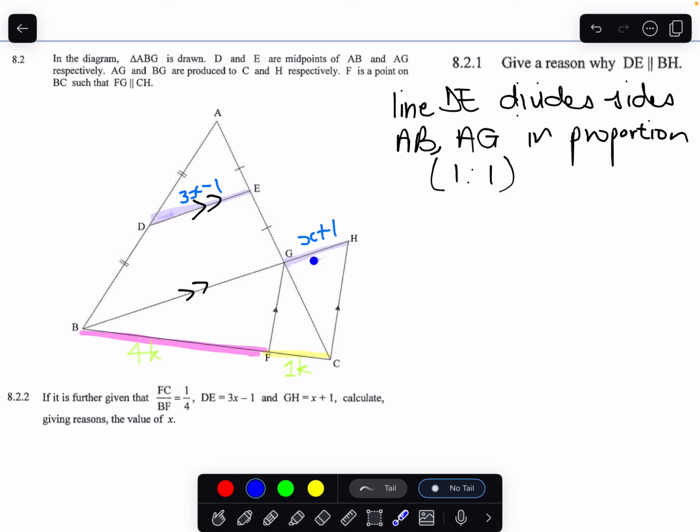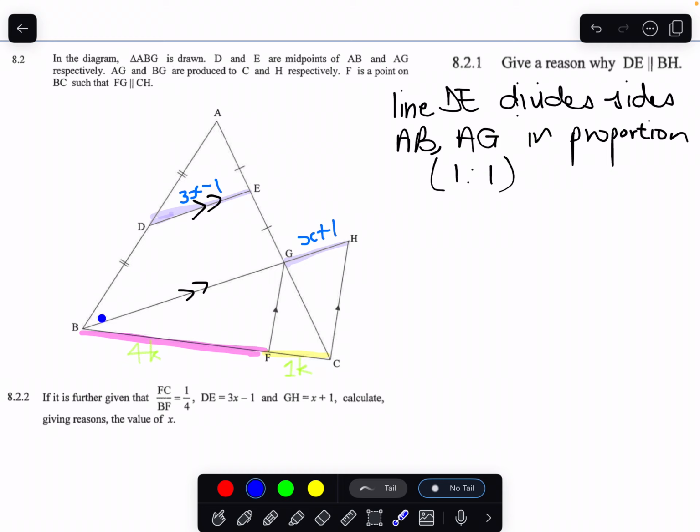So this and this are going to have the same proportion as this to this, so this is also going to be 1 to 4. Given that this is x plus 1, this is 4 times that, so 4x plus 4.